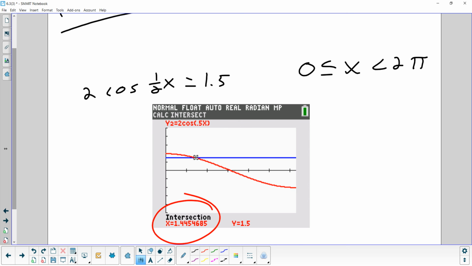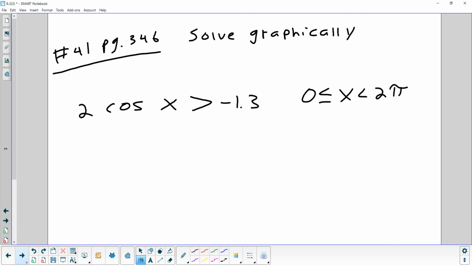What kind of symbol are we going to put in place of the equal sign if we're going to look at a problem that has to do with where a graph is above or below? What kind of symbols do you think you'll see? Yeah? Inequality. You're going to see an inequality, either greater than, less than, greater than or equal to, or less than or equal to.